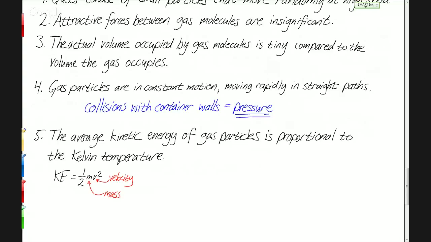So that means that the temperature is a measure. Remember, temperature is not directly a measure of energy, but the temperature is proportional to the kinetic energy of the gas molecules.